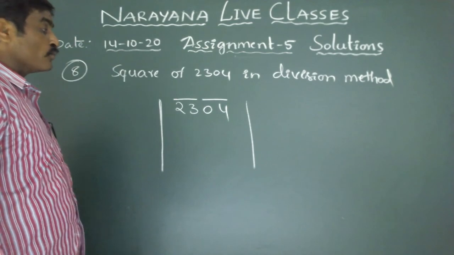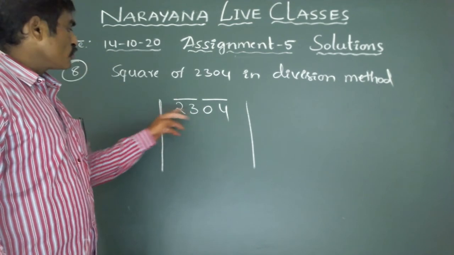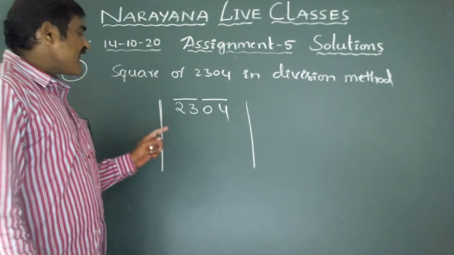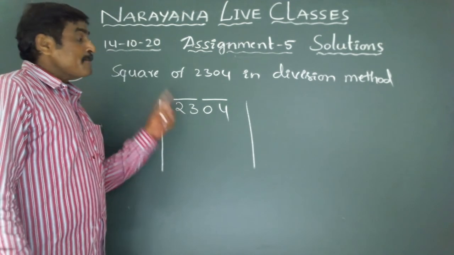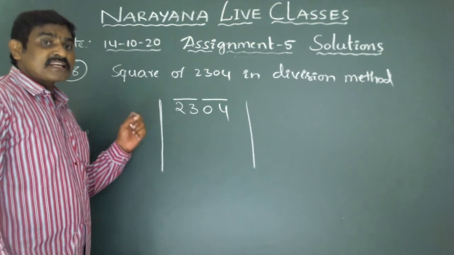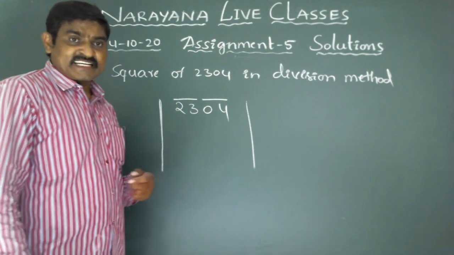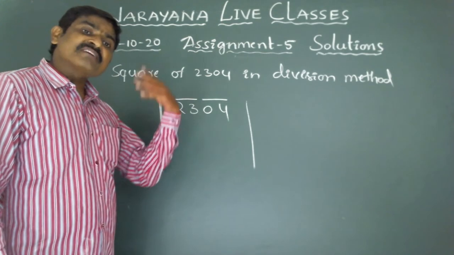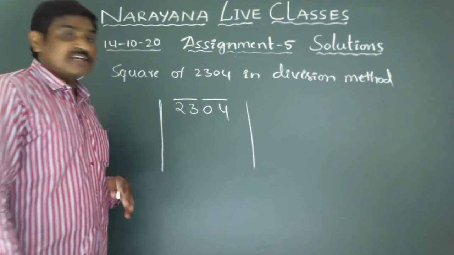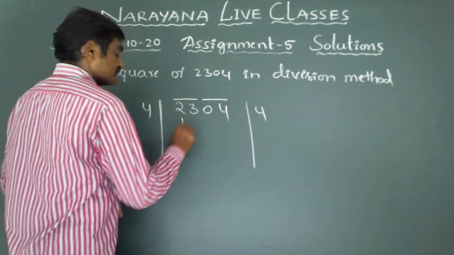Leftmost digits 2, 3. What is the nearest and smallest perfect square number to 23? It is 4 4s are 16. Next one is 5 5s are 25. 25 is more than 23. So you can take 4 4s are 16 only.